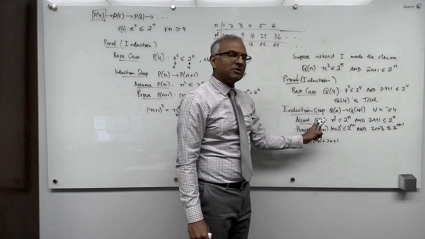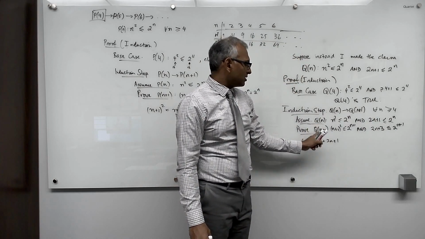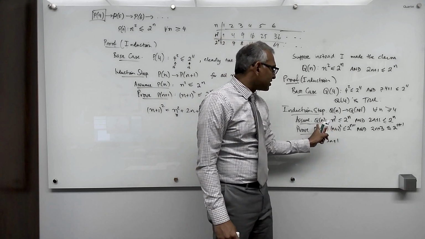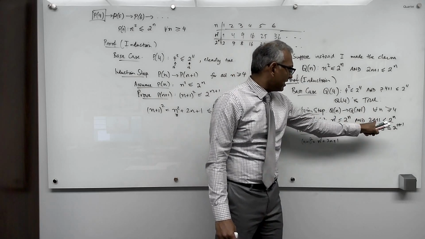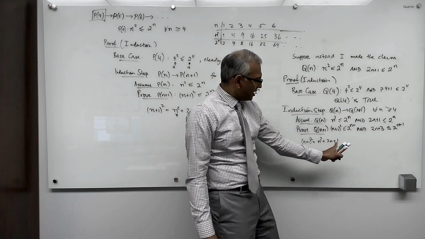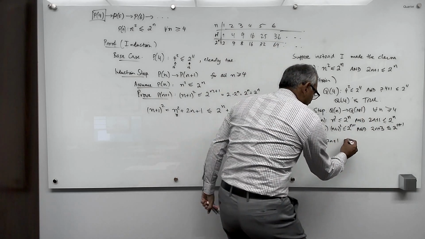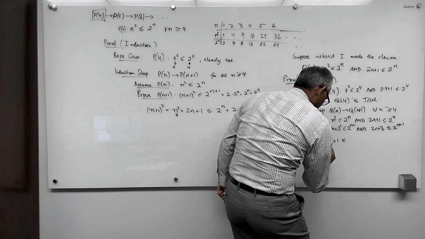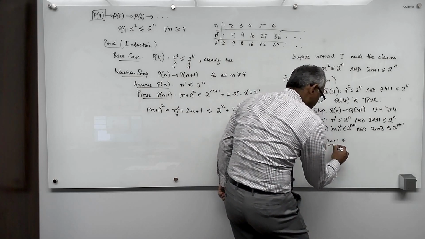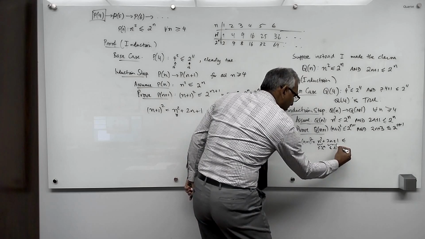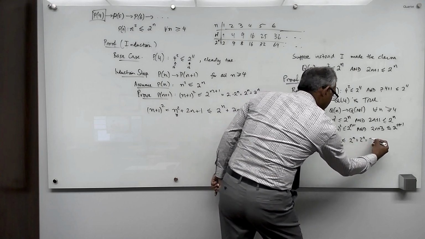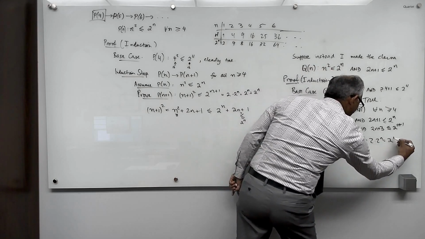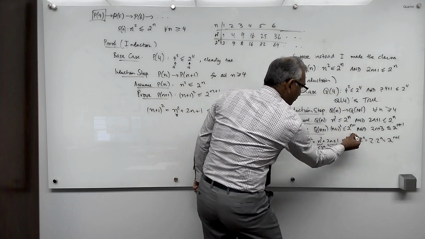And I can make those claims because I assumed this. So this is true and that is true. So this is less equal to 2 to the n, and that is less equal to 2 to the n. So the whole thing is less equal to 2 to the n plus 2 to the n, which is 2 times 2 to the n, which is 2 to the n plus 1. So I have proved this.